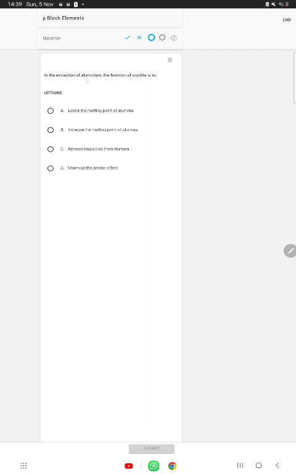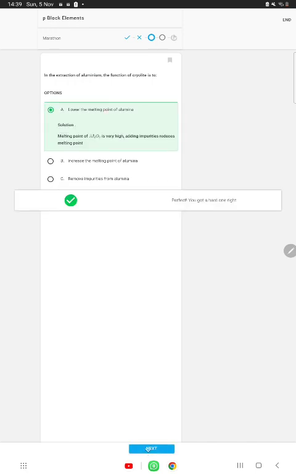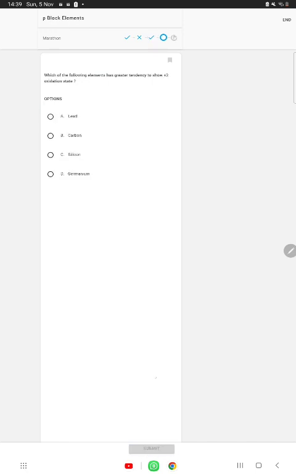In the extraction of aluminum, the function of cryolite is. देख रहे हो? Which of the following has greater tendency to +2 oxidation state?